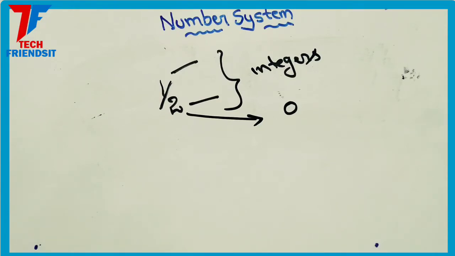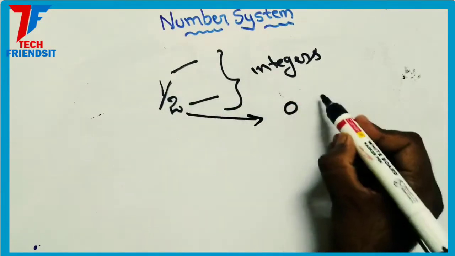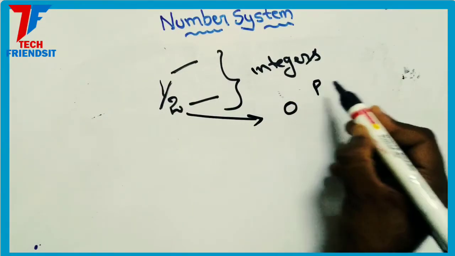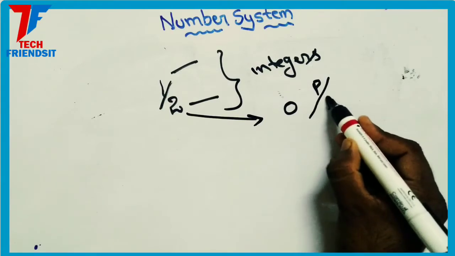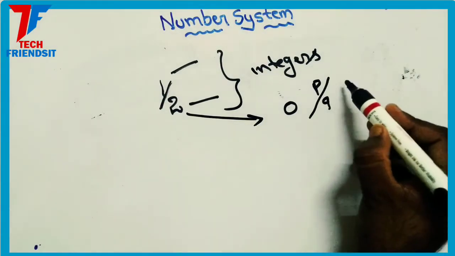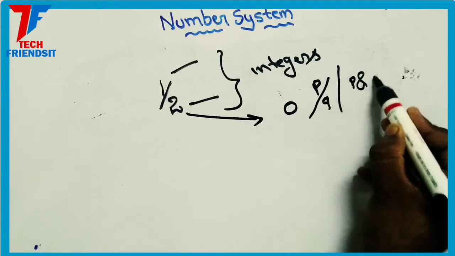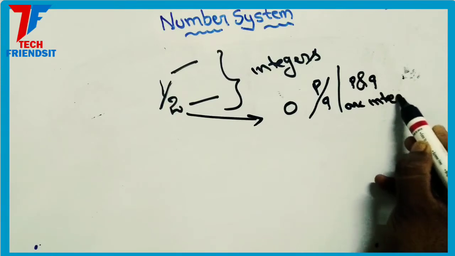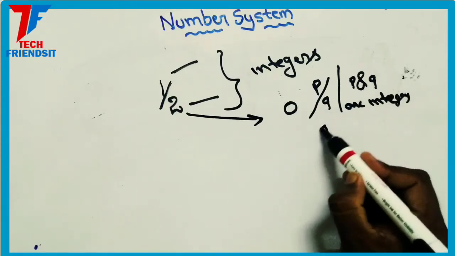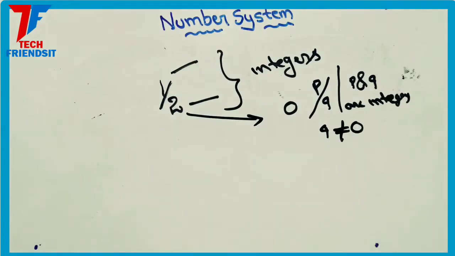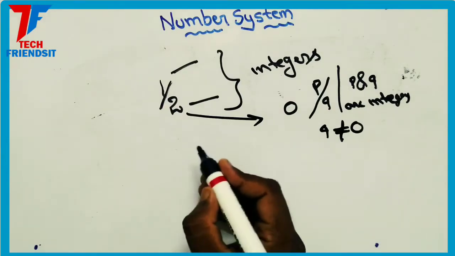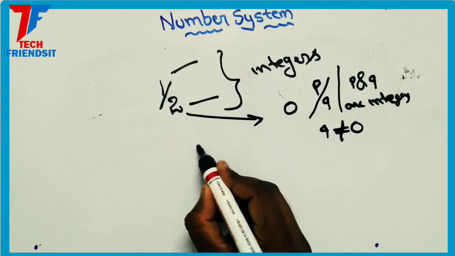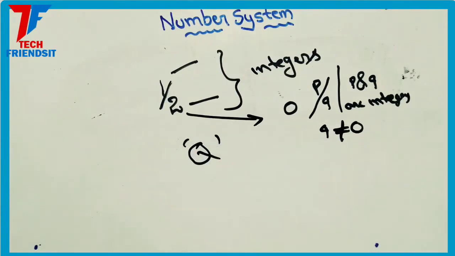So here are two conditions. Let's say P is the numerator and Q is the denominator. Both P and Q are integers, and Q is not equal to 0. This is called rational numbers. These numbers are denoted by Q.